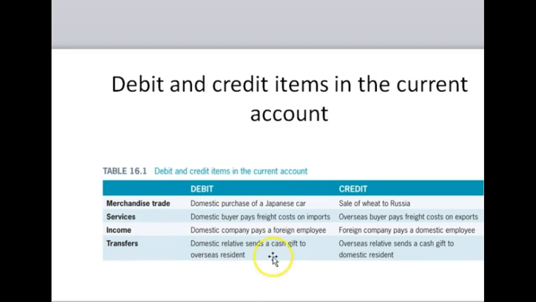It's not coming back. It's one-off, and it will be recorded under the debit of the transfer account. And if I get a cash gift from one of my relatives from Bangladesh, then it would be recorded as a credit in the transfer account.